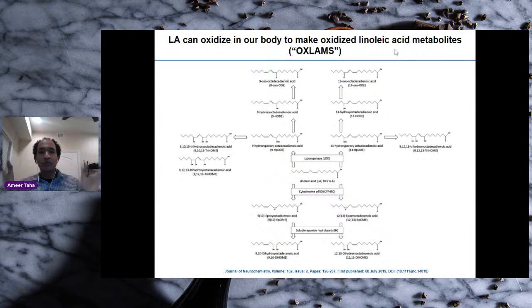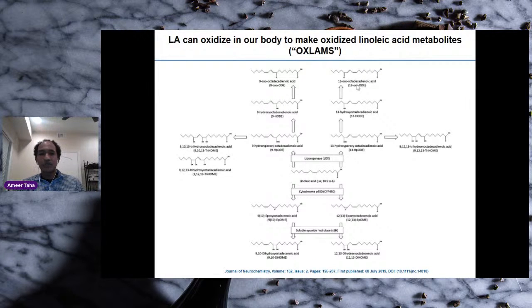So the difference between cooking and the brain is simply that in cooking, you heat the food to oxidize fats. The brain has enzymes, certain proteins that can actually do it for you. So you don't need to cook your brain to oxidize them. You have enzymes that can do it at 37 degrees Celsius. Thank goodness.